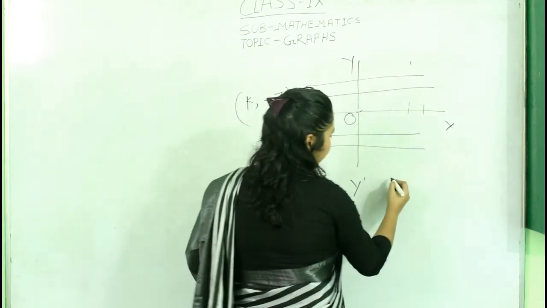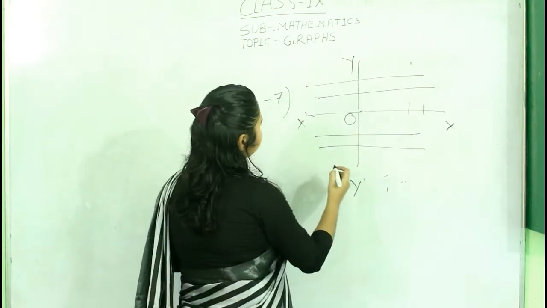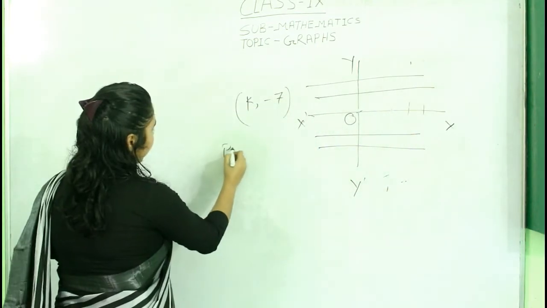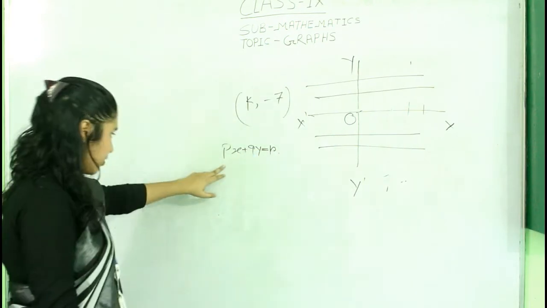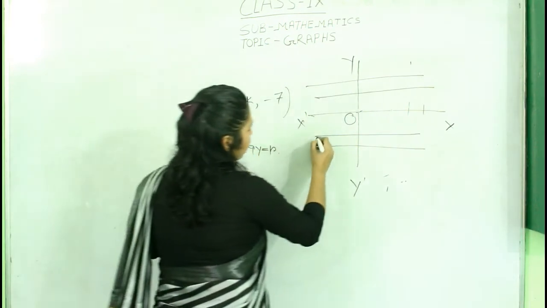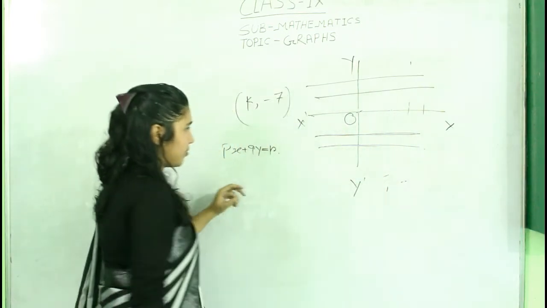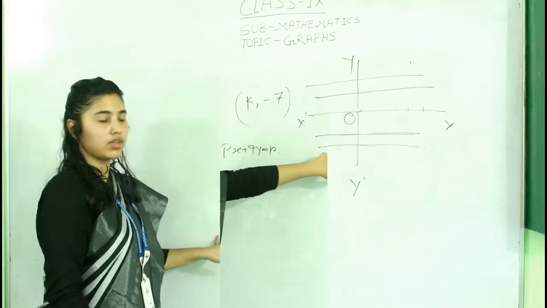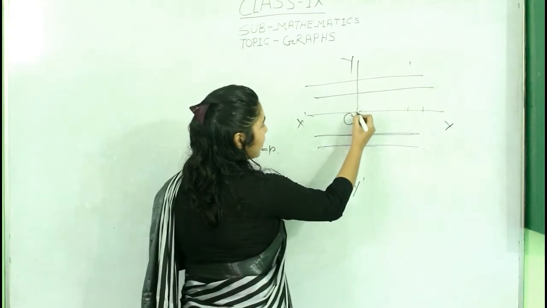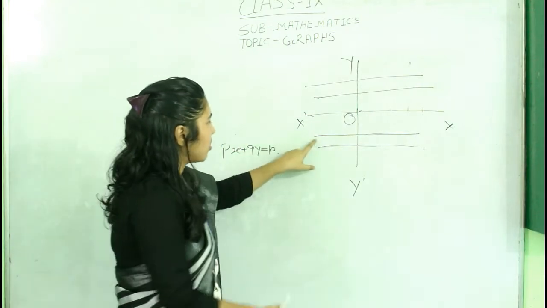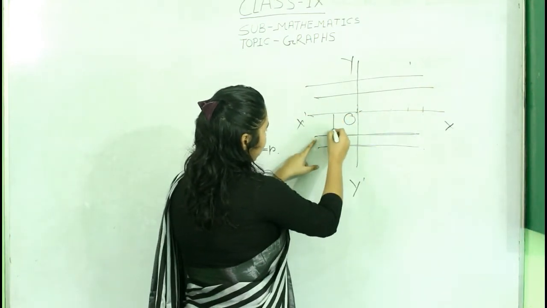So the equation of a straight line, we know that the equation of a straight line is px plus qy is equal to r. Right? Now look at these straight lines. In case of these straight lines, the value of y is constant because the distance from the x axis is constant.